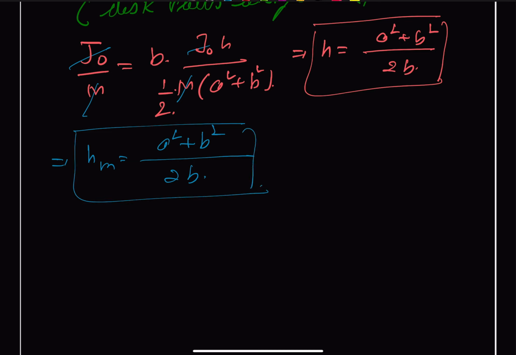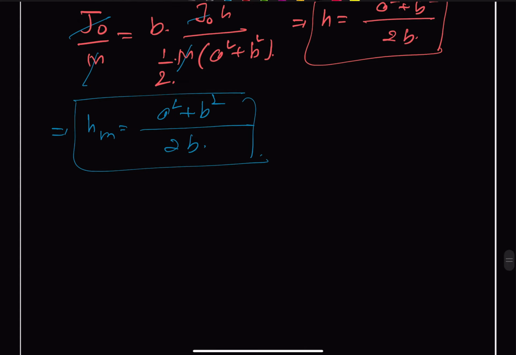Now we are going to check all the options one by one. So we have option A. Option A states that our friction is not equal to 0, and it says that A tends to 0, then hm is equal to b by 2.